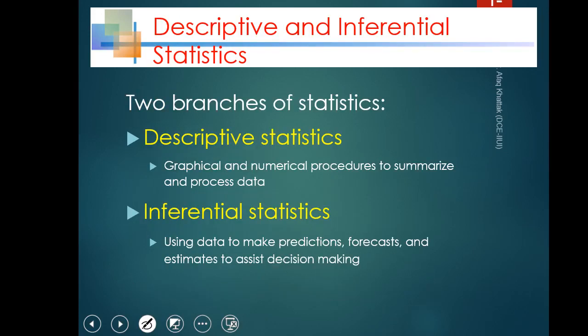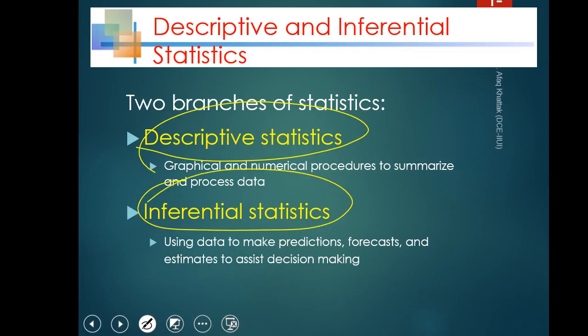Now let's come to descriptive and inferential statistics. There are two branches of statistics: one is descriptive statistics and another is inferential statistics. If you represent the data graphically or in tabular form, or summarize it in the form of a table, that is descriptive statistics.